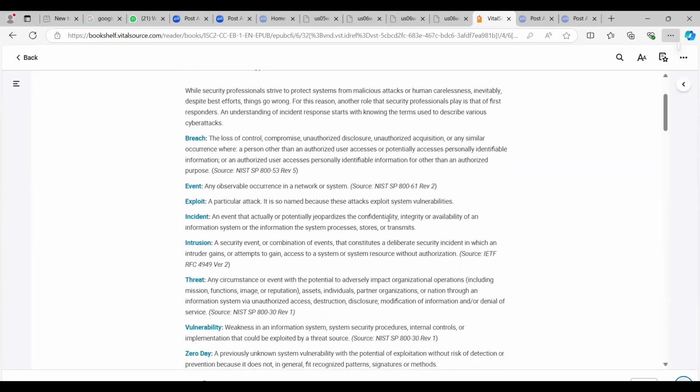The first one is breach. A breach is the loss of control, compromise, unauthorized disclosure, unauthorized acquisition, or any similar occurrence where a person other than an authorized user accesses or potentially accesses personally identifiable information, or an authorized user accesses personally identifiable information for other than an authorized purpose.